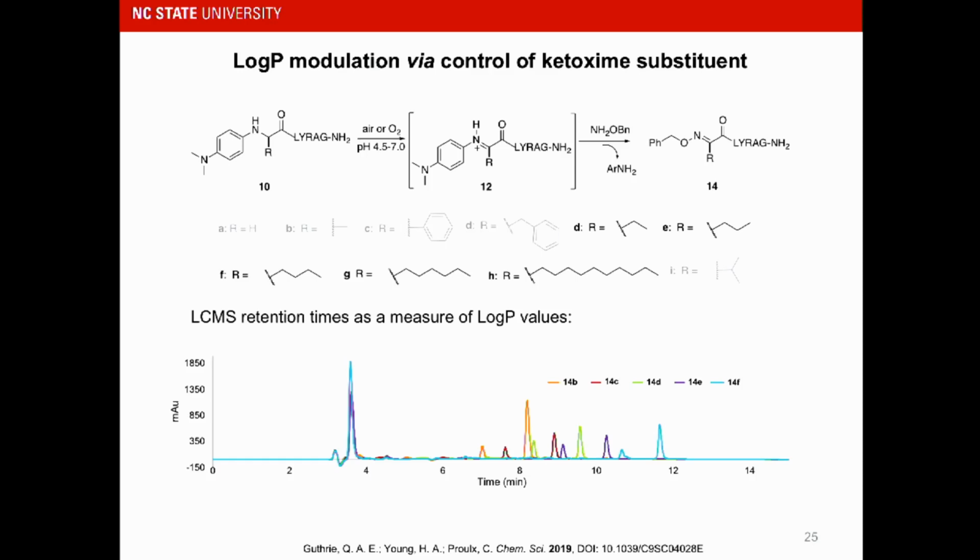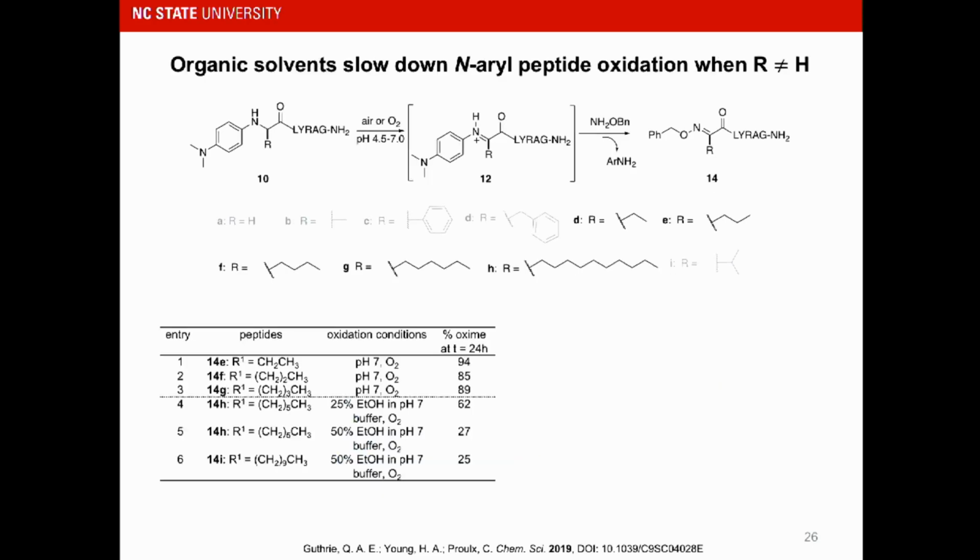But being in an academic lab, something that really struck me as interesting is that as we started to study these analogs in greater detail, solubility became a bit of an issue. So we had to start adding percentages of organic solvent, ethanol in this case, and we started to see a dramatic decrease in reactivity. The more ethanol we put in, the slower the reaction got.